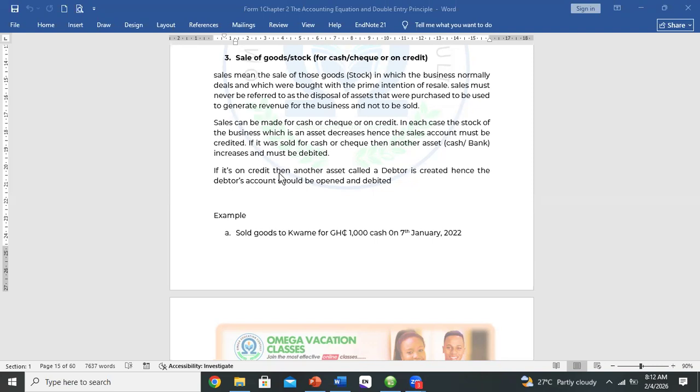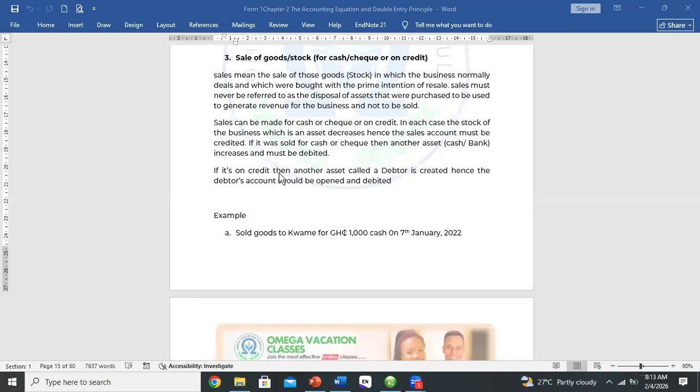So if we open an account for that stock, an asset is decreasing, what will we do? We'll credit the account. But what account do we open to record that decrease in the goods? It is the sales account. So anytime you sell goods, the first account, the primary account you open is what? Sales.